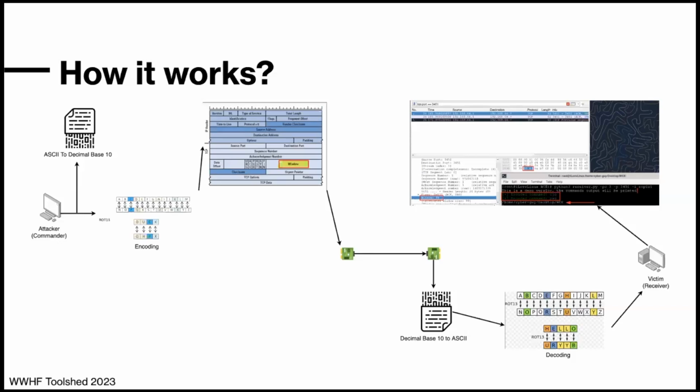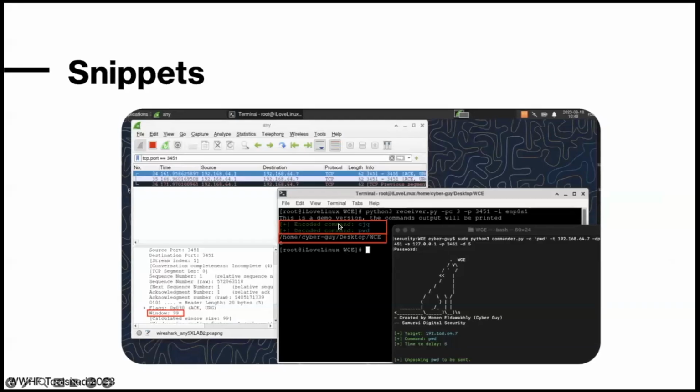But the victim side is monitoring for any packets in the whole network, sent from a specific IP address with a specific destination port and a specific packet count to capture, and then it will just take it and execute it. So there is no actual network communication here.